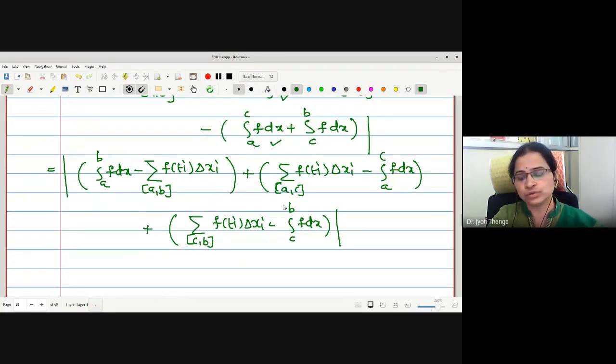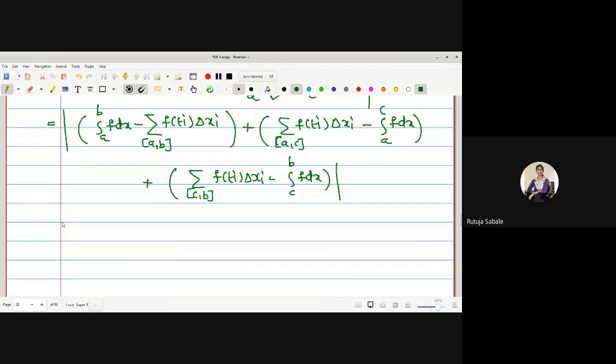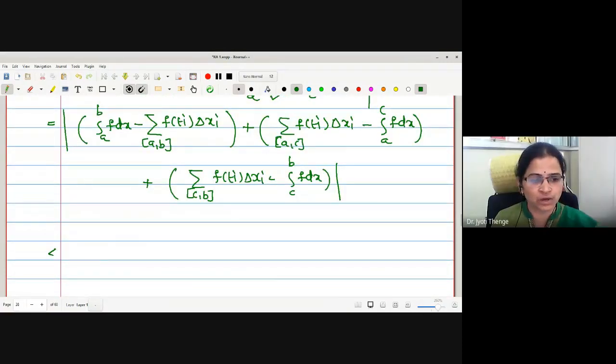Now, what am I going to do? I am going to use the triangular inequality of the modulus, that is, I am going to separate these three terms in the modulus. Therefore, what is the effect on this equality? Equality becomes inequality, less than or equal. Now we will separate those. The first modulus will be integration a to b f dx minus summation over a to b f of ti delta xi.